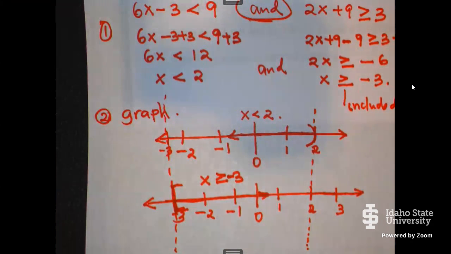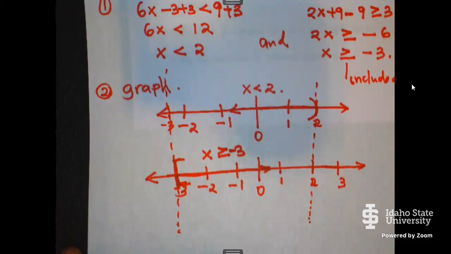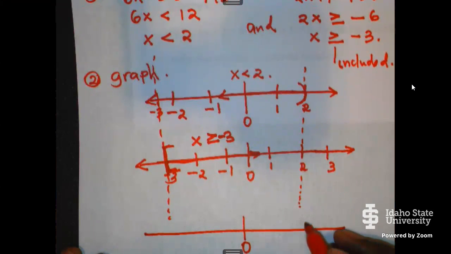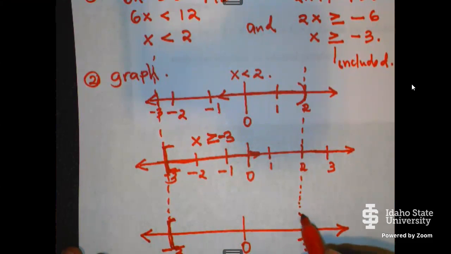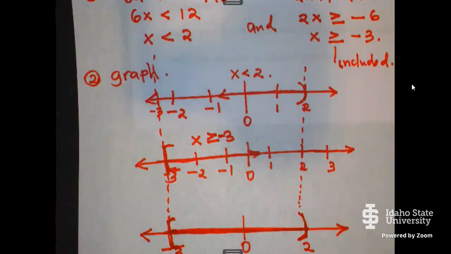What will be the interval notation there? How will this satisfy? So this will be 0, definitely here will be 2, and here will be minus 3. So therefore, it will be like this, and this is our region.